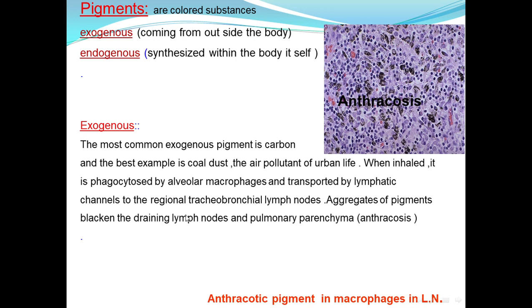Aggregates of pigment blacken the draining lymph nodes and pulmonary parenchyma, giving the disease we call anthracosis. This is anthracotic pigment in macrophages in the lymph node.